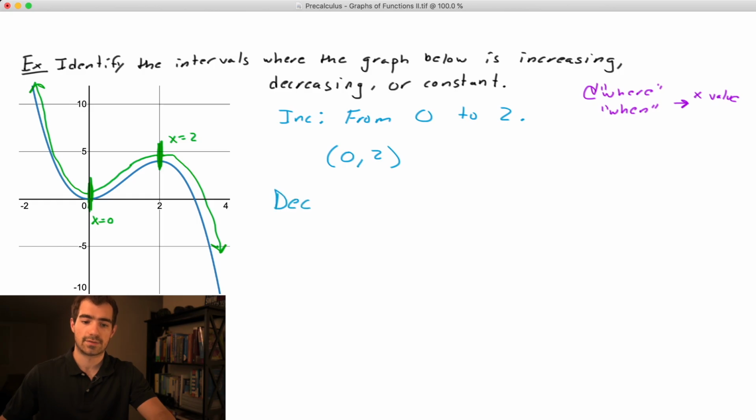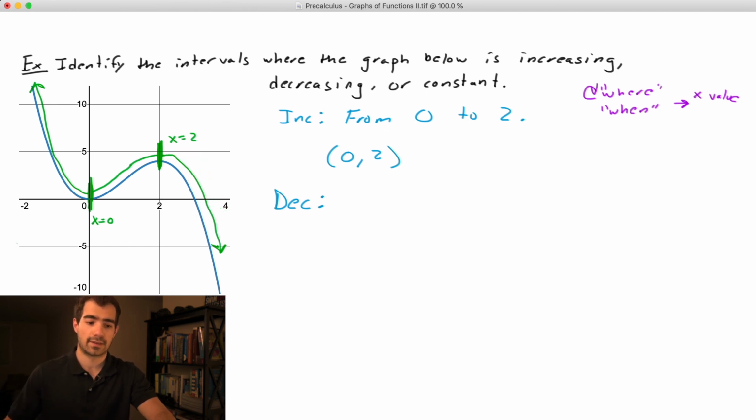Hopefully that helps clarify. We can also look at when this function is decreasing, right? So when it's going down as we go from left to right. And as we follow our graph, we can see that's happening in two places, right? We're going down this way as we go up to the point 0, and then we're going down this way as we go beyond the point 2.